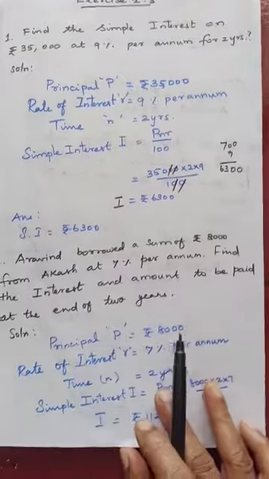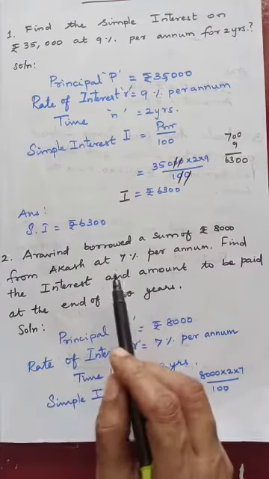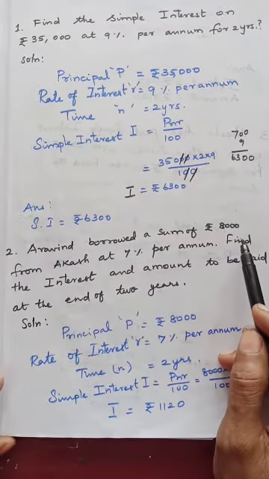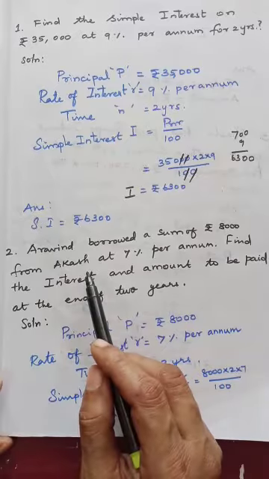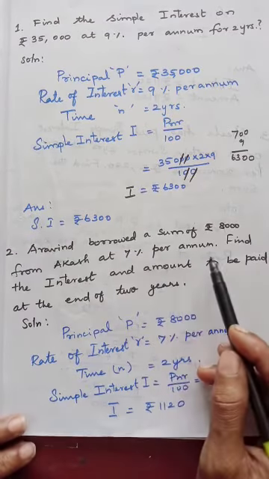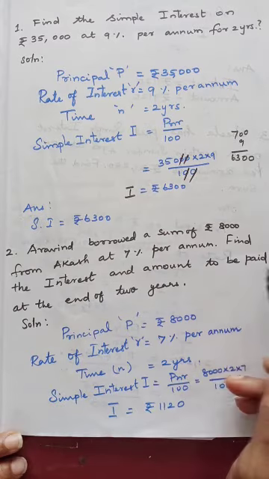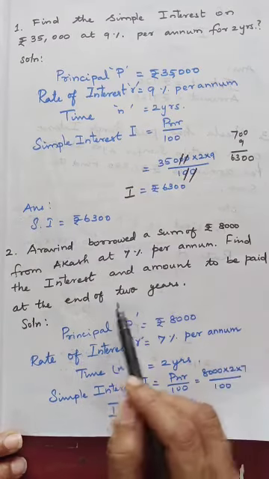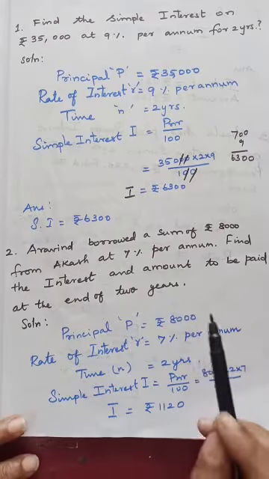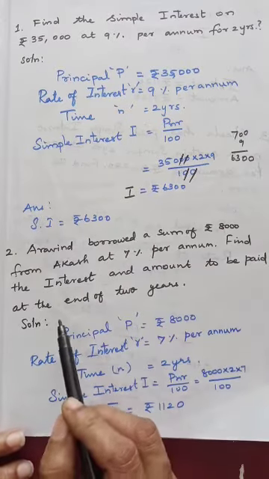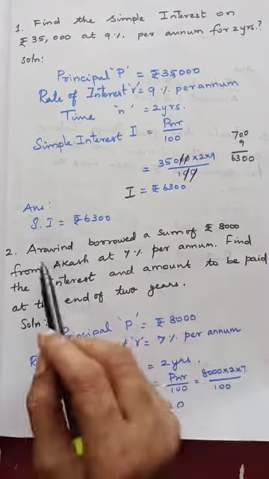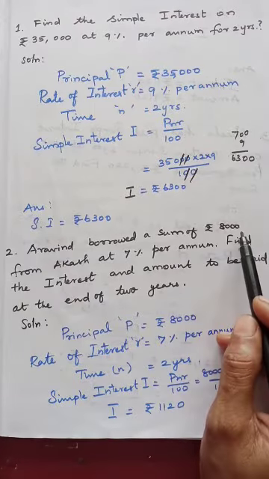Okay, second question. Aravind borrowed a sum of rupees 8,000 from Akash at 7% per annum. Find the interest and amount to be paid at the end of 2 years. Here, Aravind borrowed a sum of rupees 8,000.